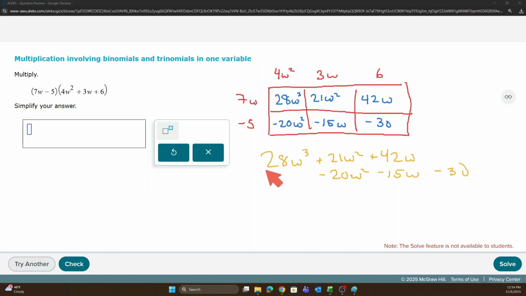Then, putting all our like terms together, which I've already kind of put nicely in rows, we end up with 28w cubed, 21 minus 20 is just 1, so that's going to be a plus w squared. 42 minus 15, that's 27.